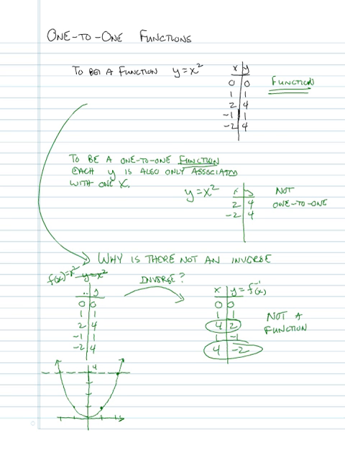If we imagine a horizontal line through the y value of 4, it crosses this graph twice. So there's an x value of positive 2 that goes with y of 4, and an x value of negative 2 that goes with that y value of 4.